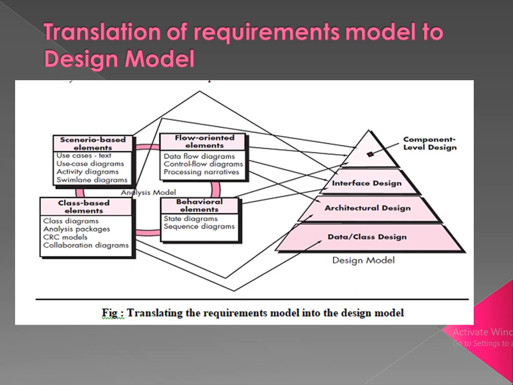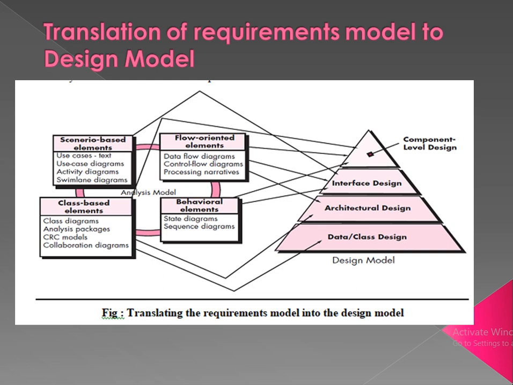Through this requirements gathering, we are translating that analysis to the design. The scenario based elements contain use case diagrams, activity diagrams and swim lane diagrams. Through that, we can develop a good interface design. Here you can see the triangle, which overall we can consider as the design model.